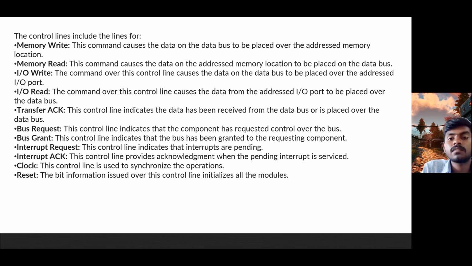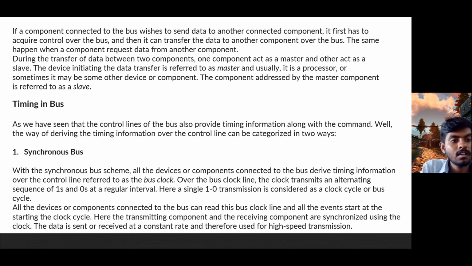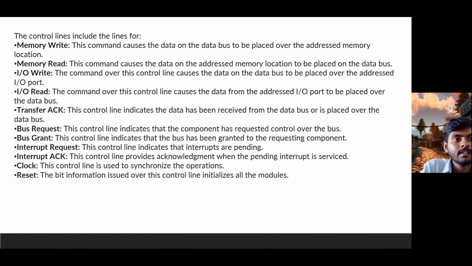These are all the commands used for the control lines. Then memory read, I/O read, transfer ACK, bus request, bus grant, interrupt ACK, clock, and reset. And an important one is reset.